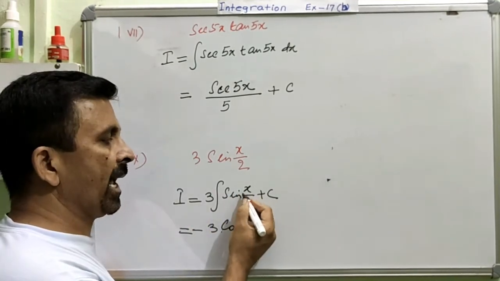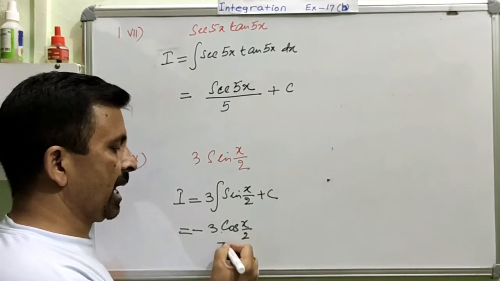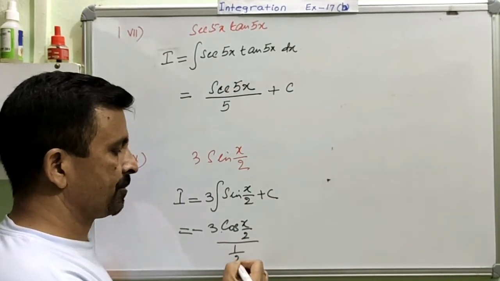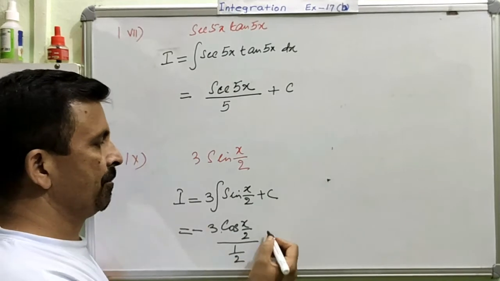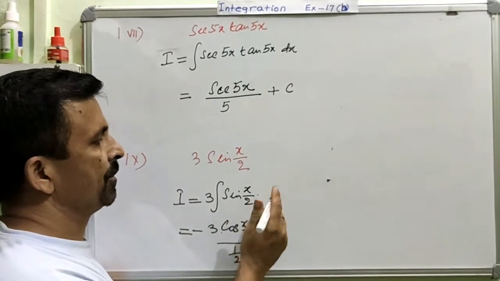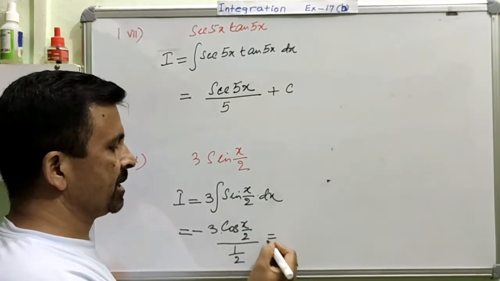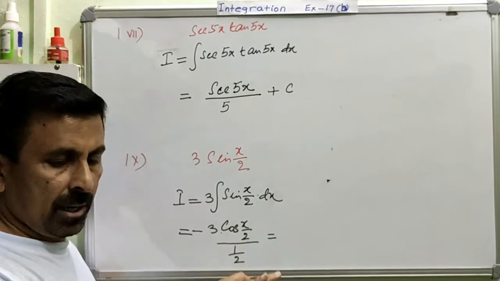Now we are moving on to the angle part. So the integration of this, this half will come in the denominator, right? And we write dx here. Now this 1 over 2 will go upside down.